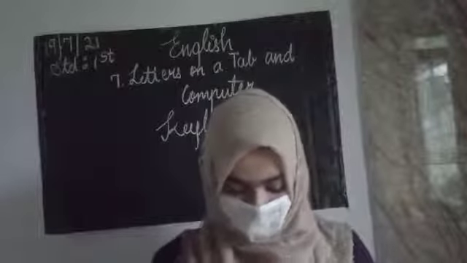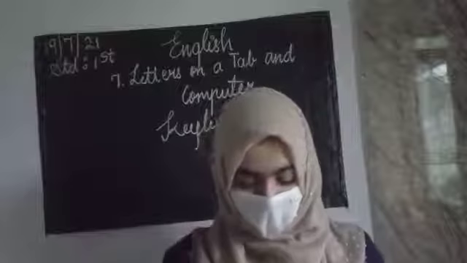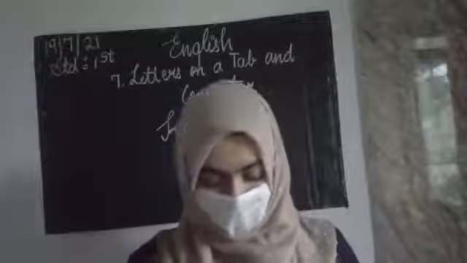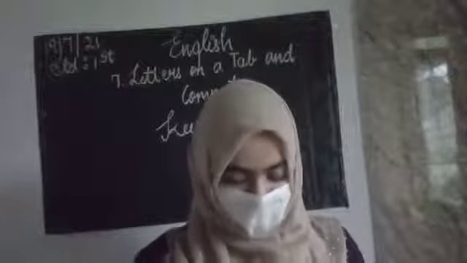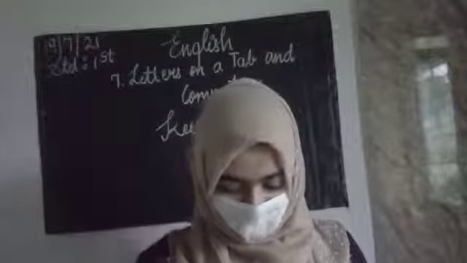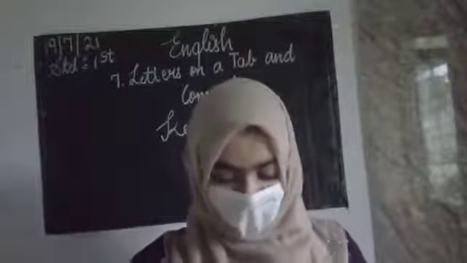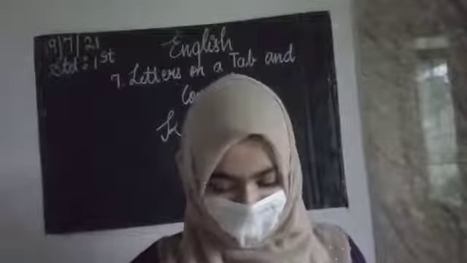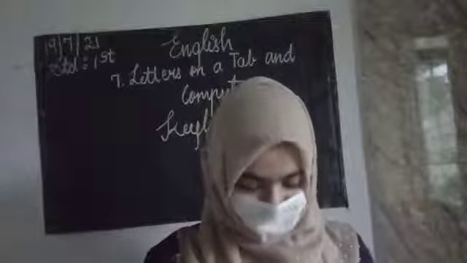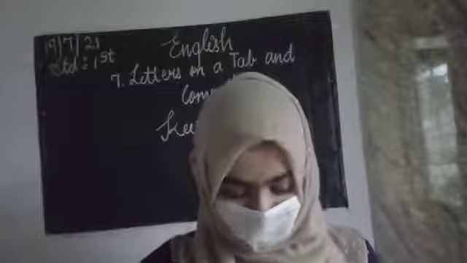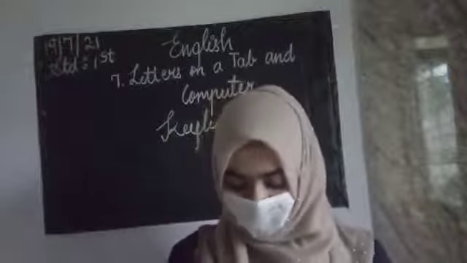Yes, P. Then A. Then S. Then D. Then F. Then G. Then H. Then J. Then K. Then L. Then Z. Then X. Then C. Then V. Then B. Then N. And then M.